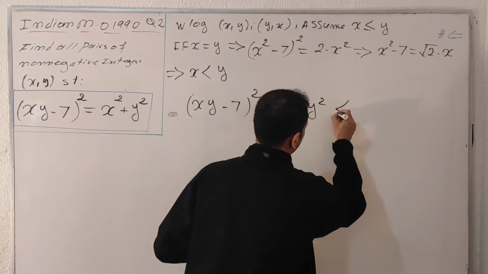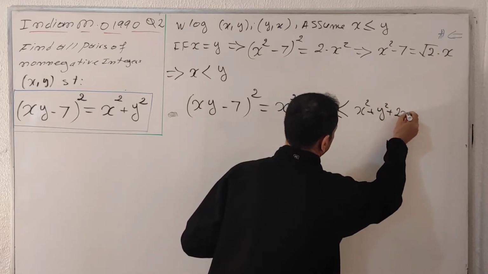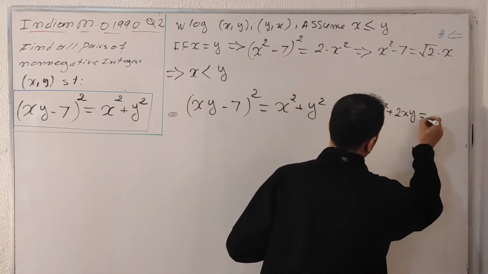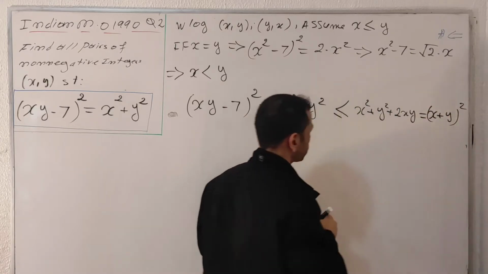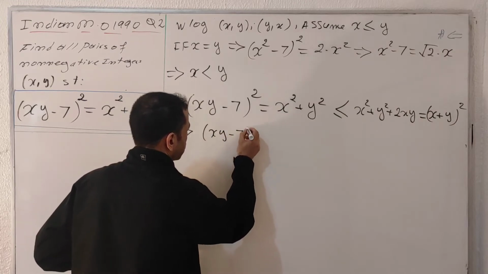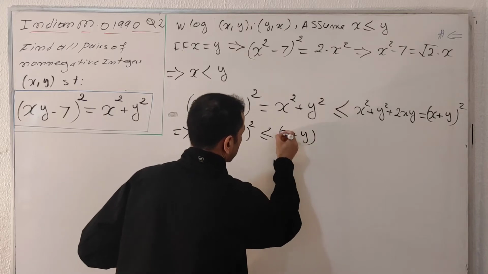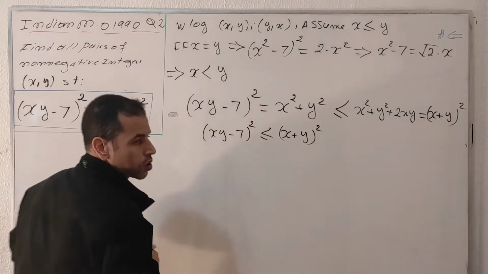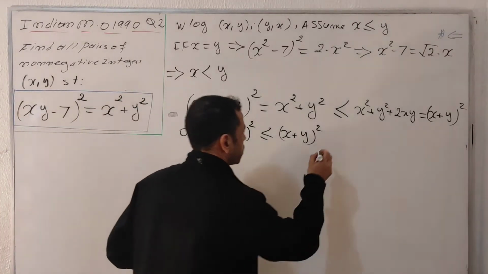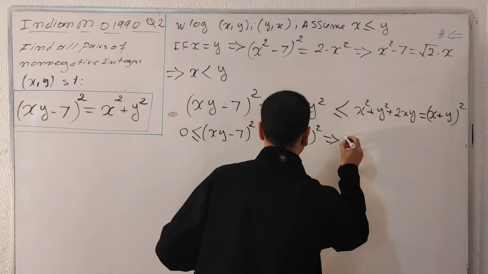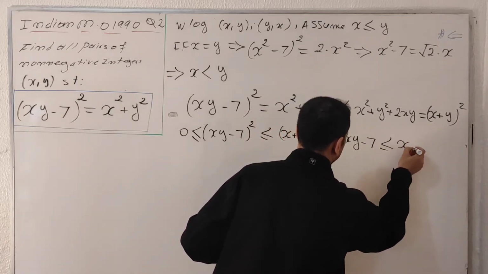This one is inferior or equal to x^2 + y^2 + 2xy, which equals (x + y)^2. We have (xy - 7)^2 is inferior or equal to (x + y)^2. Since we have this number as positive, I'm going to take the square root on both sides. I will get xy - 7 is inferior or equal to x + y.